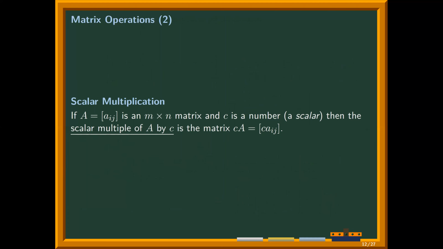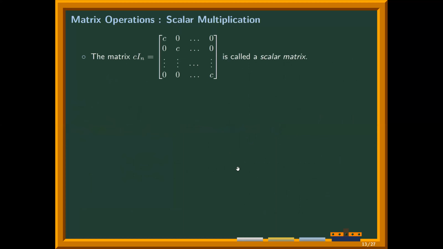For an m by n matrix A and scalar C, the matrix CA, or the scalar multiple of A by C, is defined to be the matrix obtained by multiplying each entry of A by C. For instance, we call the matrix I sub n the identity matrix.